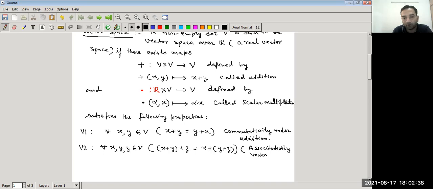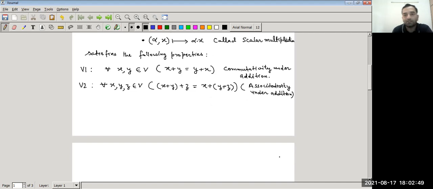The operation is very important. Mostly students just call this the associative property and that the commutative property, but the first one is commutativity under addition and the second is associativity under addition.